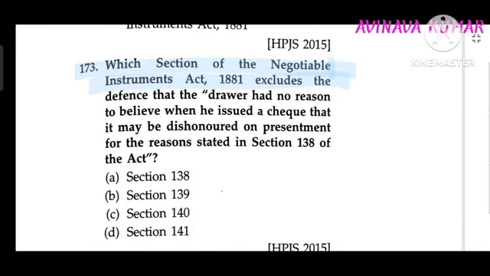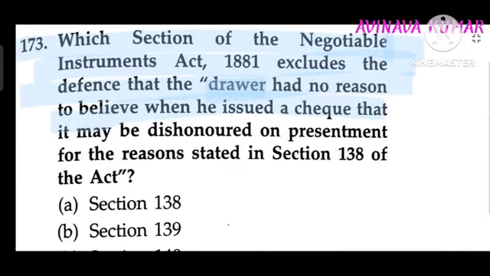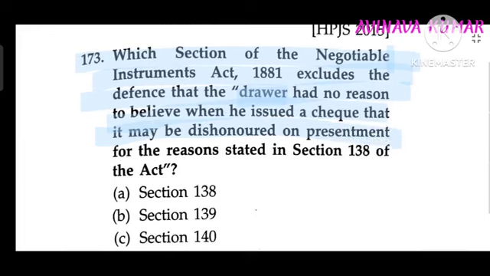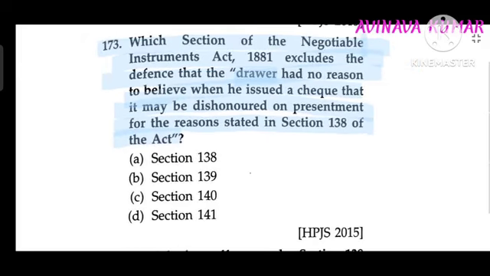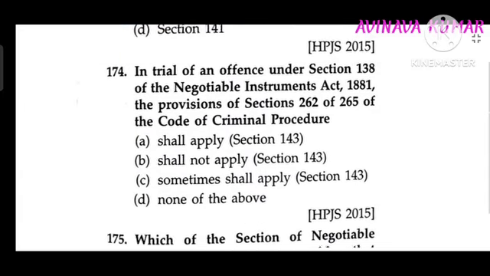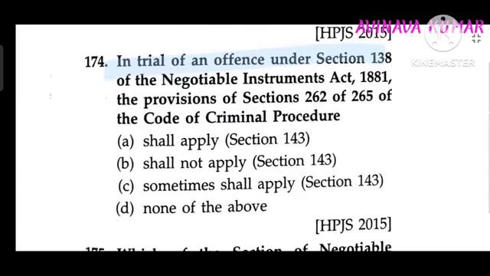Which section of NIA excludes the defense that drawer has no reason to believe when he issued a check that it may be dishonored on presentment for the reason stated in Section 138 of the Act? Section 140. In trial of offence under the NIA, provisions of Section 262 and 265 of the CRPC shall apply.